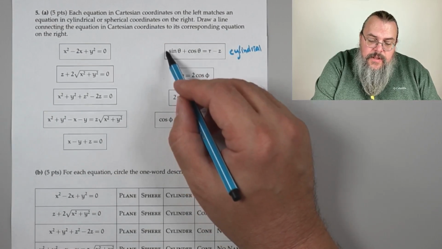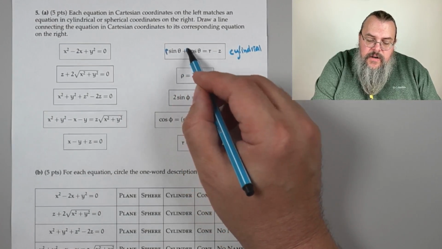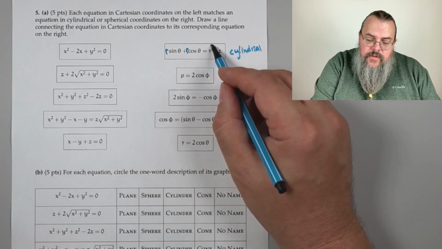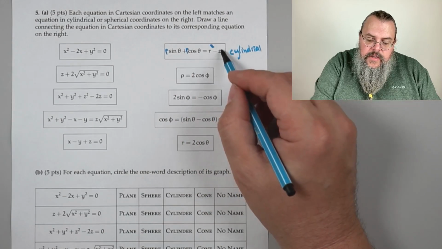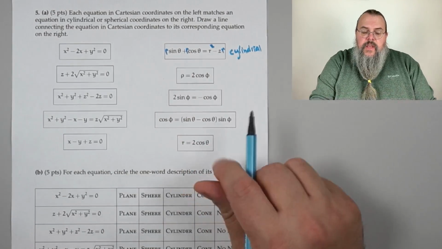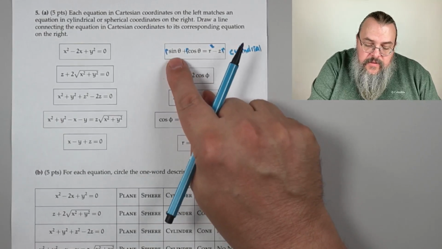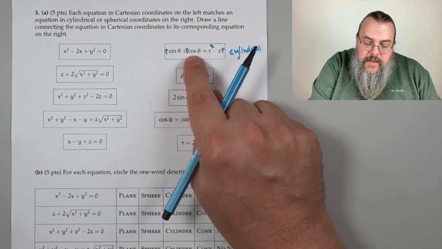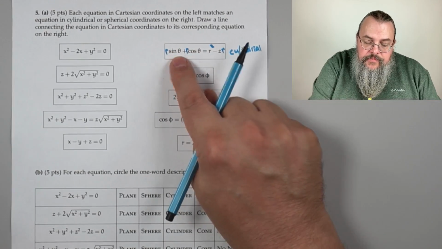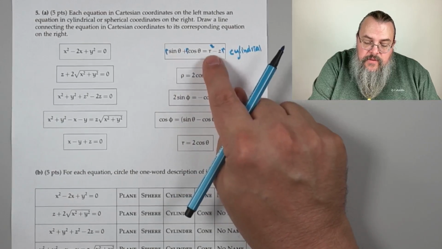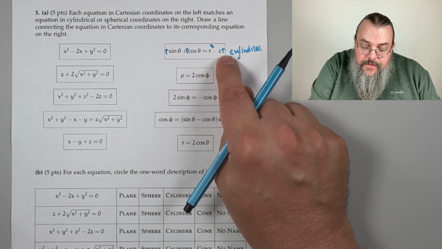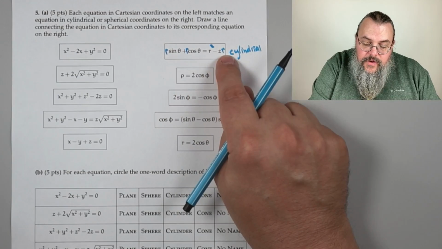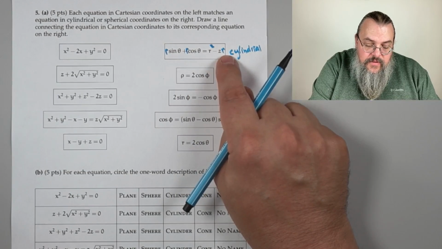So let's imagine we multiply everything by r. R sine theta, r cosine theta, r squared, and zr. Then that would leave us with an x, a y, an x squared plus y squared, and a z times the square root of x squared plus y squared. Is there anything that has those pieces in there?